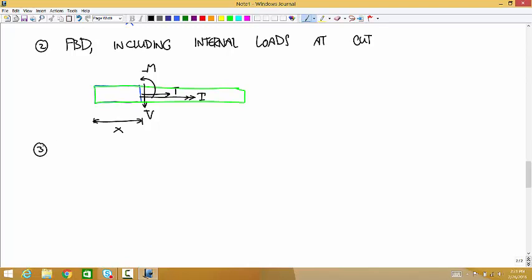Then the equations: Newton's second law, the moment equation about the z-axis, and you need to think of the origin at the far left of the member, far left of the beam.